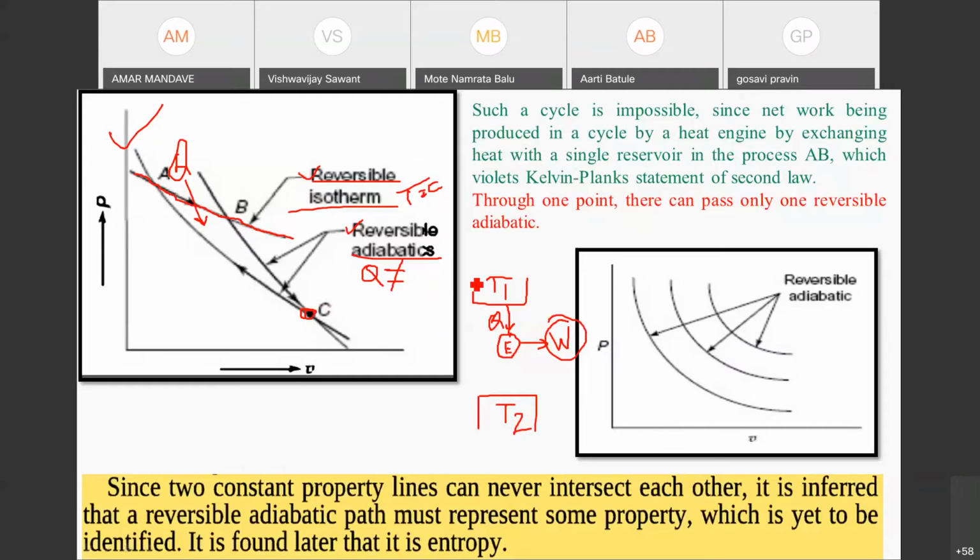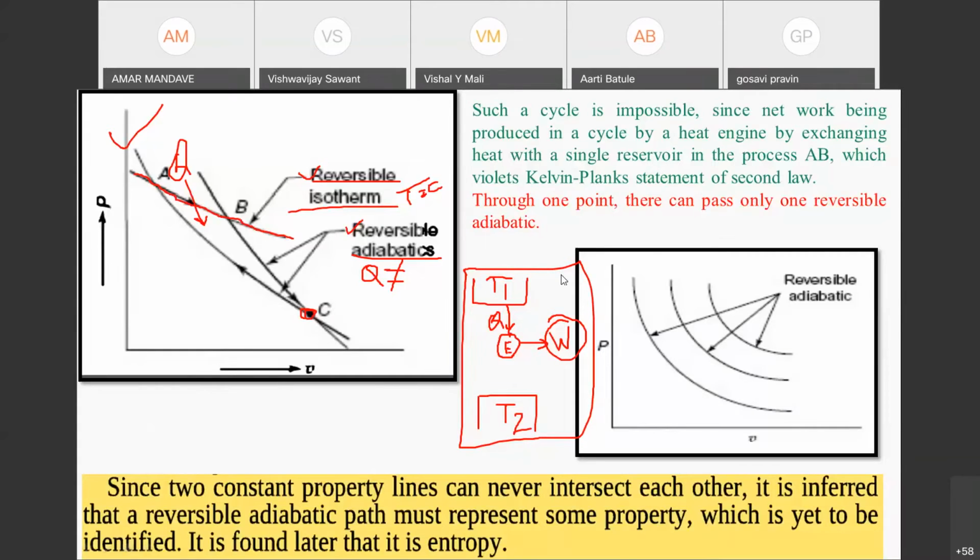Is this particular engine valid or not valid? You can give me the answer. Is it possible to construct an engine which will convert all the heat energy into useful work? No, it is not possible, because that is what the Kelvin-Planck statement says. It is not possible for any heat engine to have 100% efficiency.